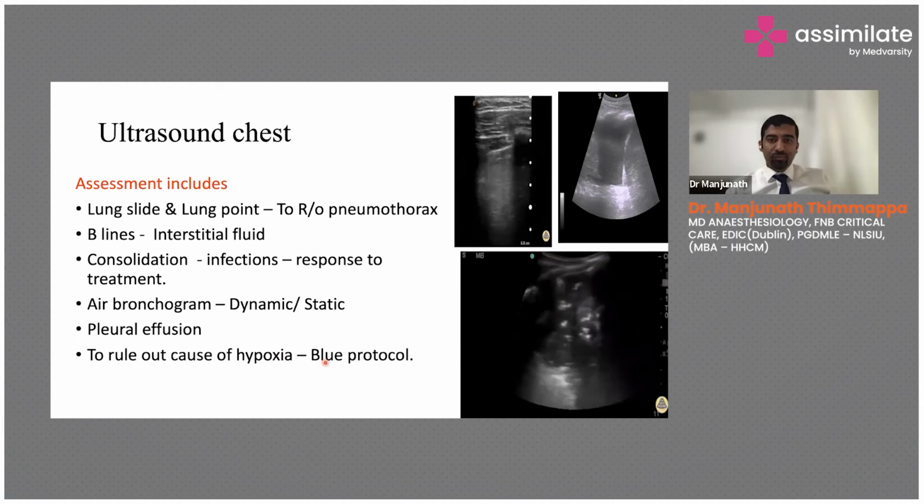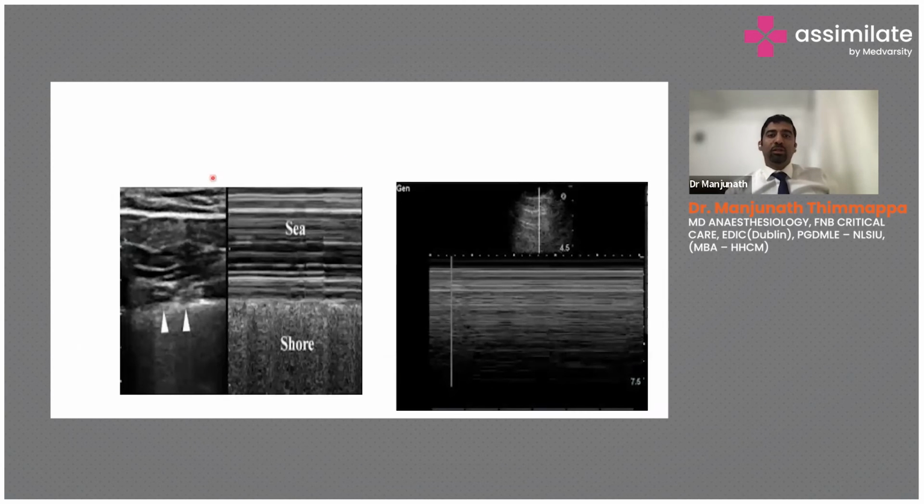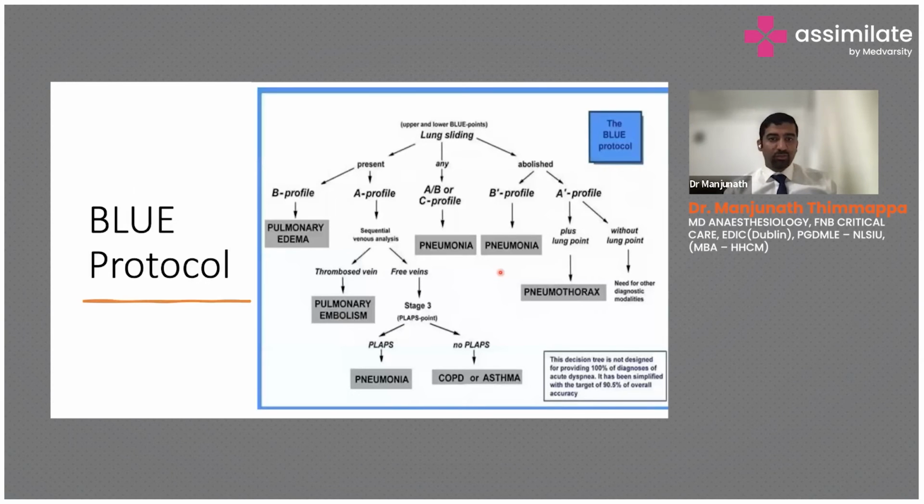Yes, in a patient with normal lung sliding, there is the seashore sign; if there is any pneumothorax, the barcode sign. Then comes the BLUE protocol. Here we see lung sliding with an A profile, or horizontal lines, in the same field.